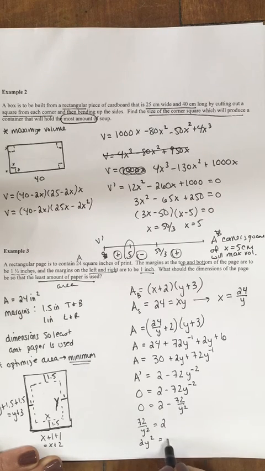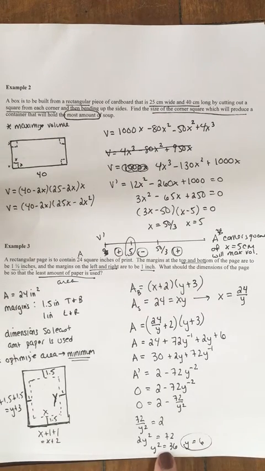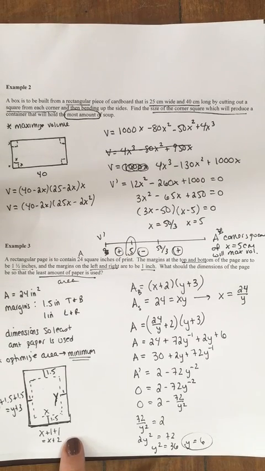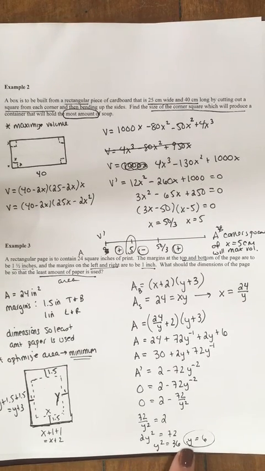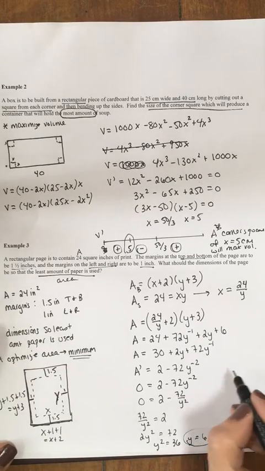Cross multiply. Y squared equals 36. So y is equal to 6. I'm not including the negative one because of context, right? It wouldn't make sense to include negative 6 because we're talking about area and dimensions.